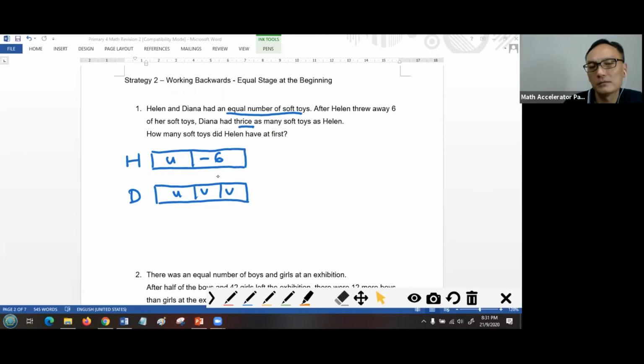So now, from our model, we can see that 2 units is equal to 6, right? I can see some of you already. So from here, 1 unit will be equal to 6 divided by 2, and we've got 3.